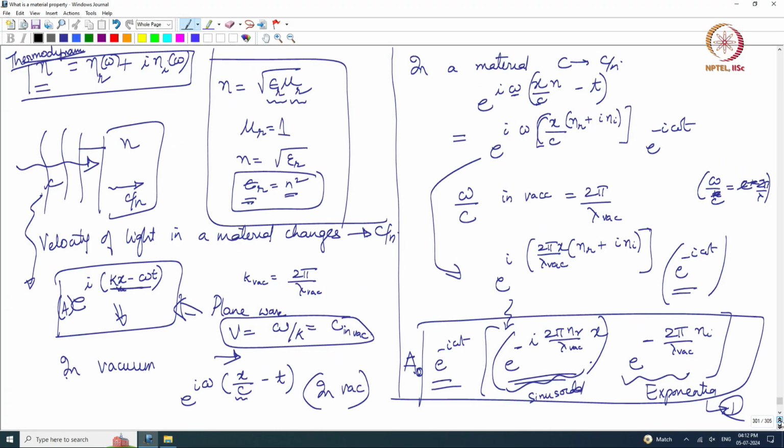In the last class, I started by saying let us take one property into consideration, and that is refractive index. Refractive index is also a complex number. I took refractive index as n_R plus i n_I.